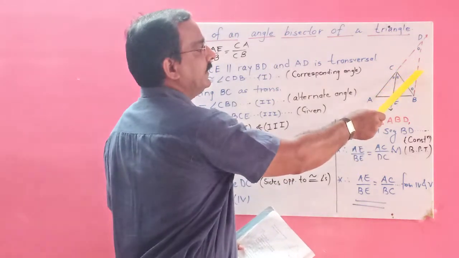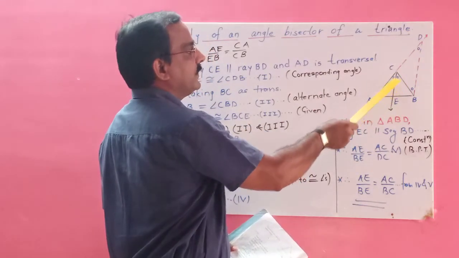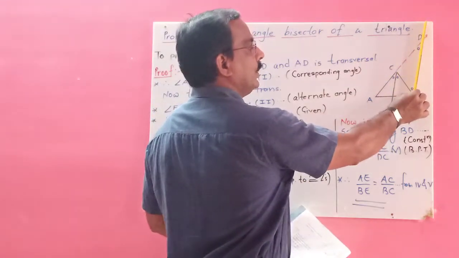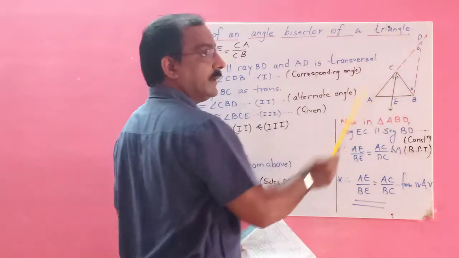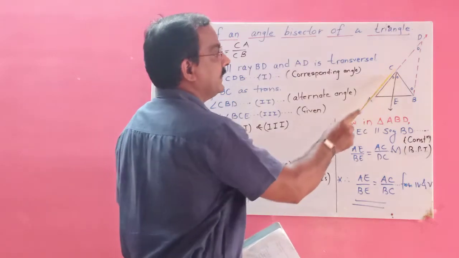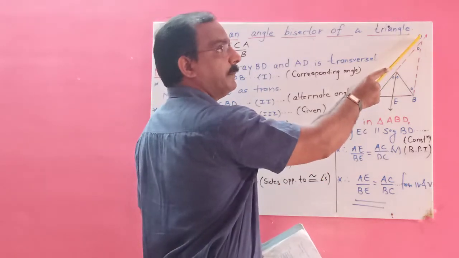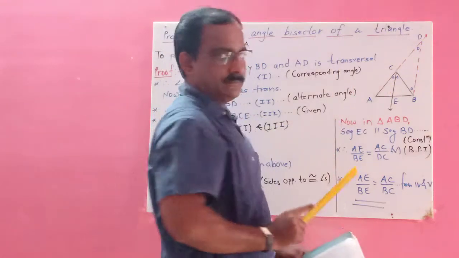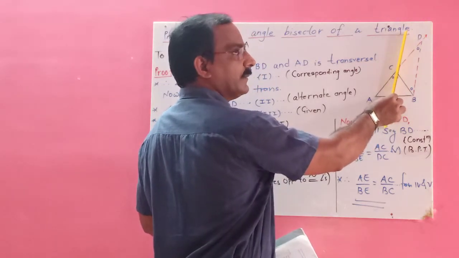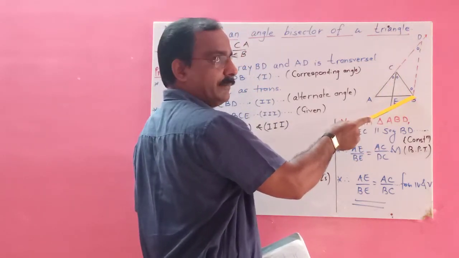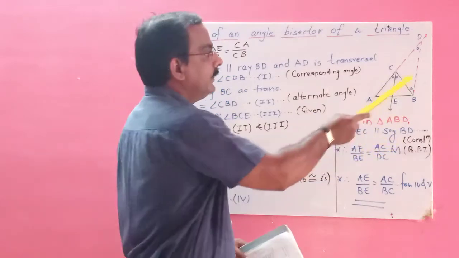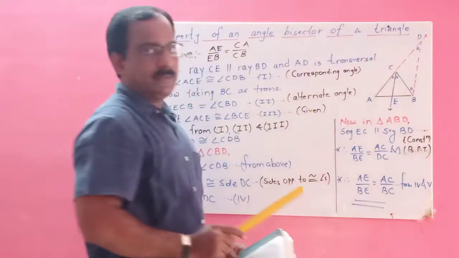Draw a line which is parallel to this CE, passing through B. Also, extend AC such that it meets this line in point D. Simple. This is your construction.